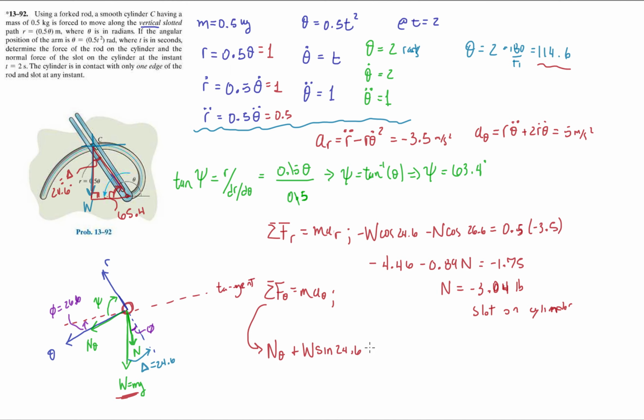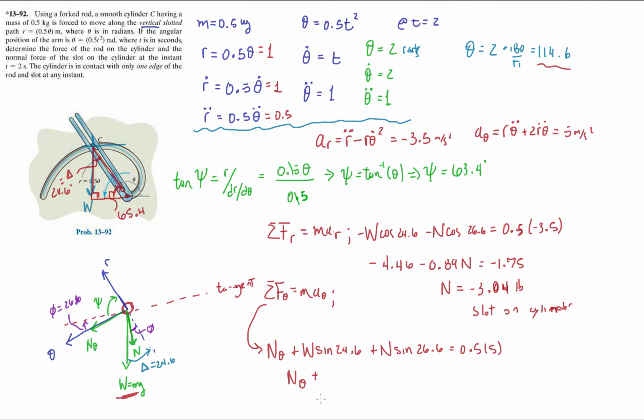And what else do we have? Plus this n sine 26.6 equals 0.5 times a theta, which is 5. All right, so all I'm going to do is just plug this into my calculator.